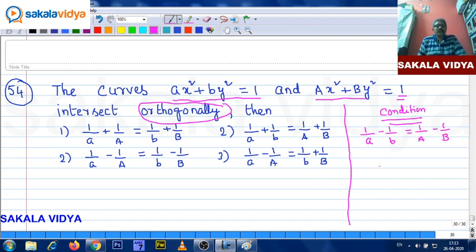So that means now interchange. As for the option, 1 by small a minus 1 by capital A equals to 1 by small b minus 1 by capital B. That means second option is the right option.